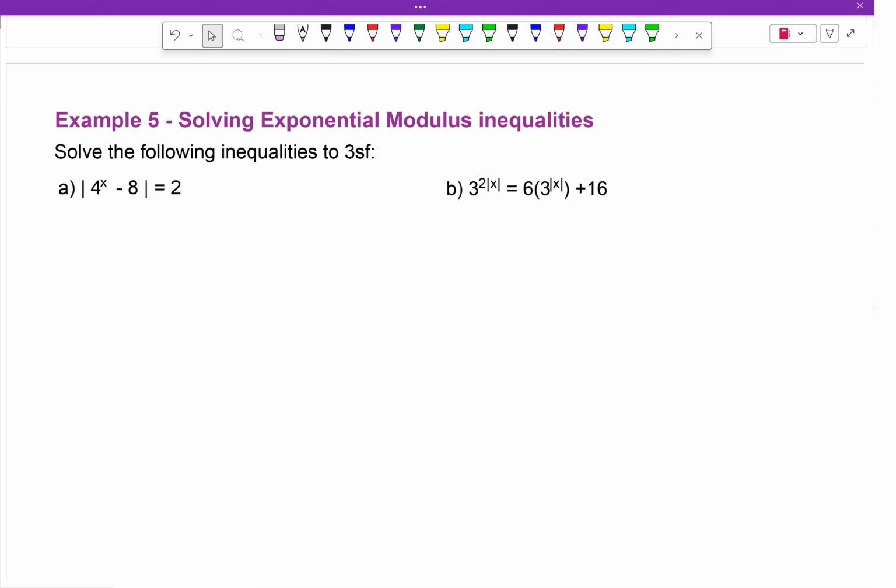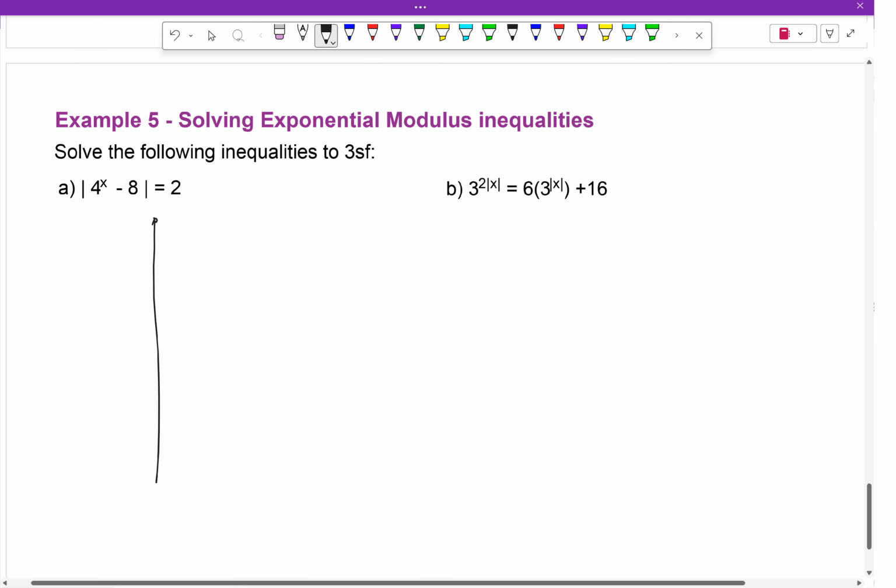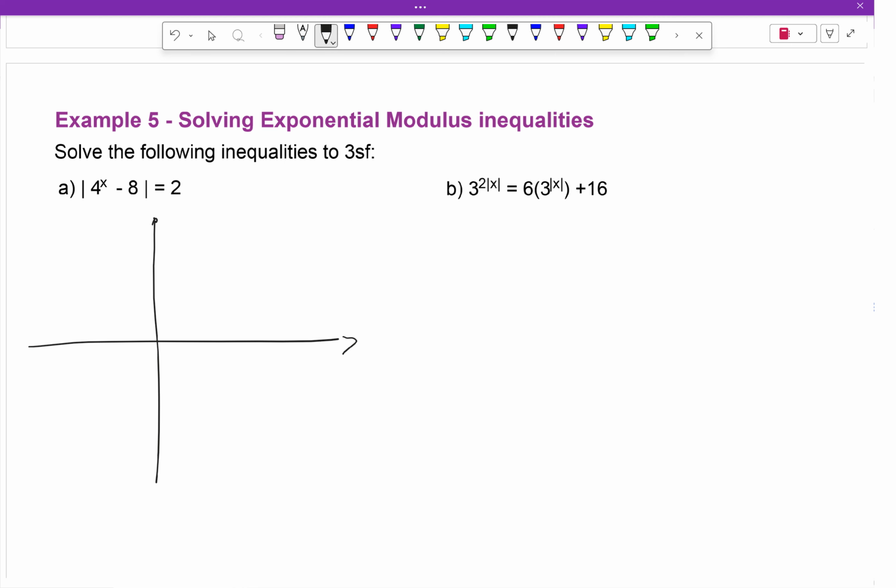Let's have a look. In this case, we have to make a sketch. Whenever you want to do anything with modulus, it's always good to sketch it out. Now, what we see here is a modulus of the 4^x minus 8. So usually it would look like that. Make sense?